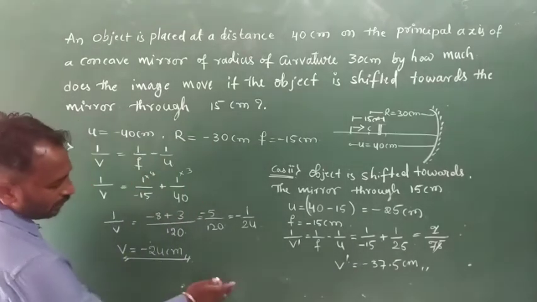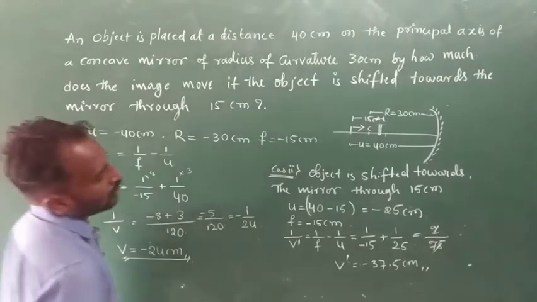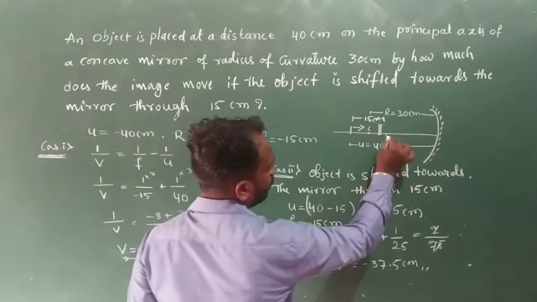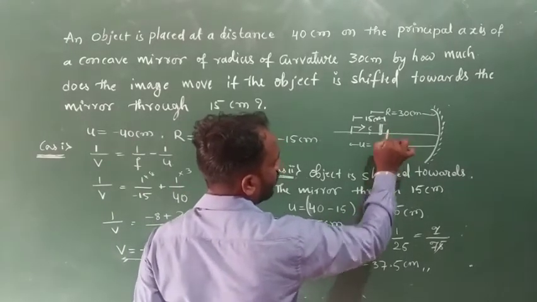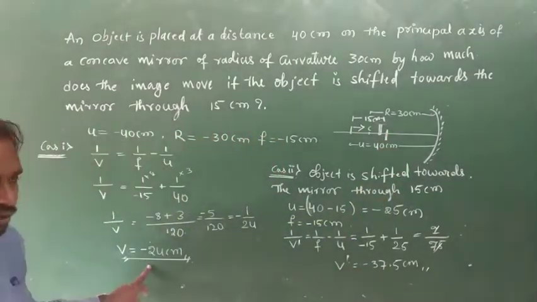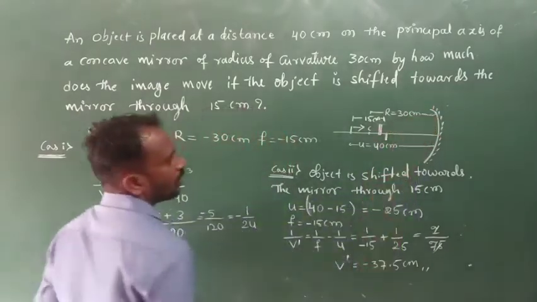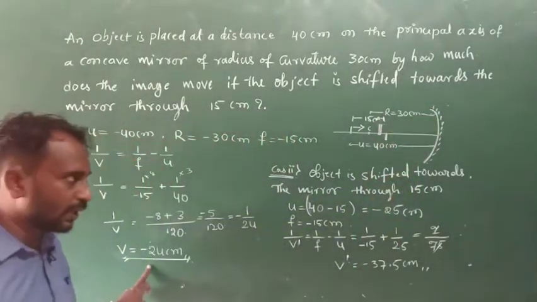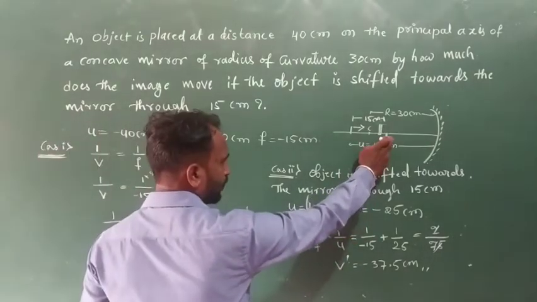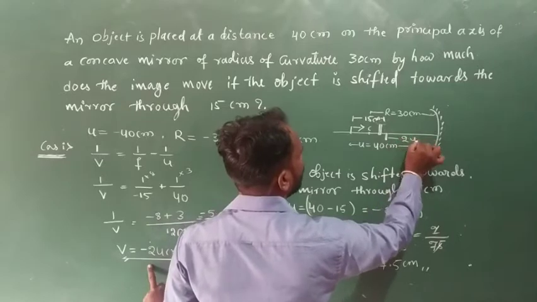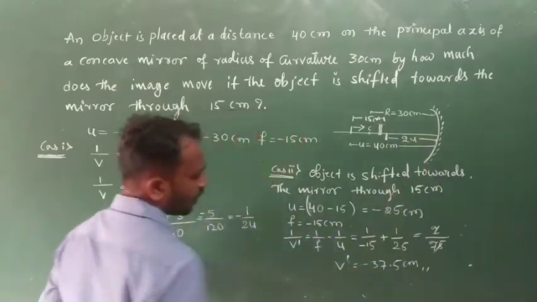Initially, 24 is the image when the object is placed at 40 centimeter away from the mirror. So the image distance is 24 centimeter.